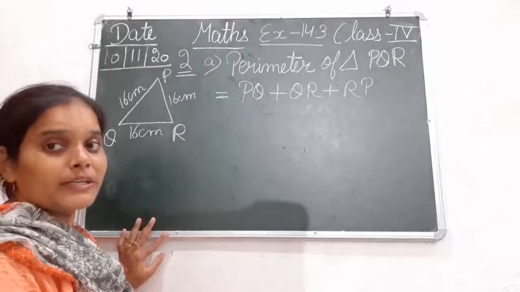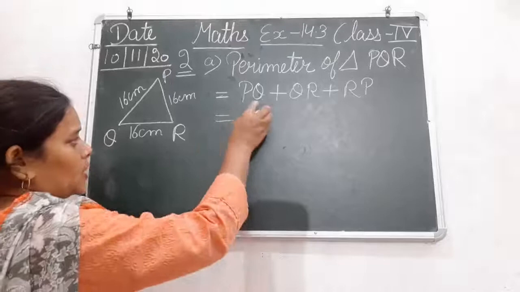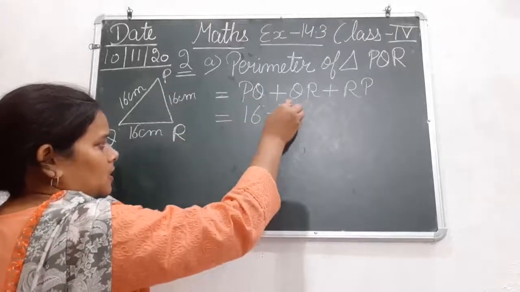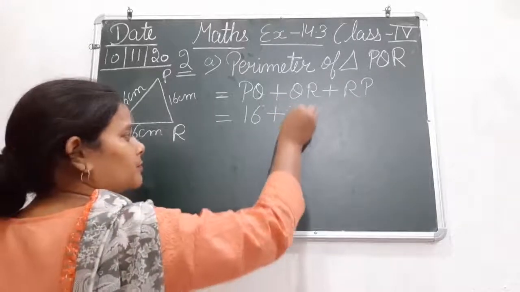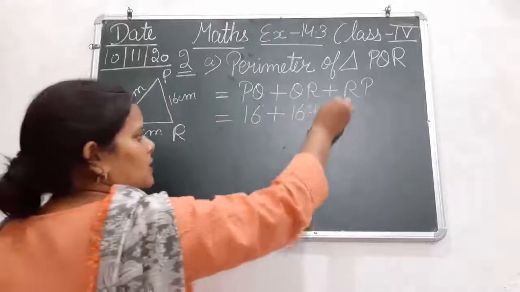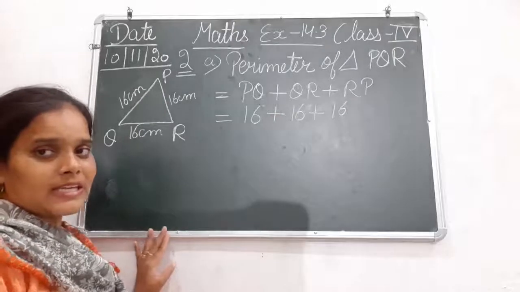So now we are going to write the measurements of these three lines. PQ is 16 centimeter, QR is also 16 centimeter, and RP is also 16 centimeter. So all the three sides are 16.